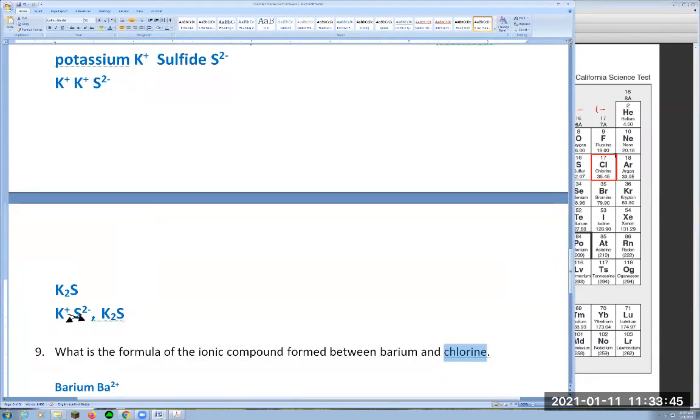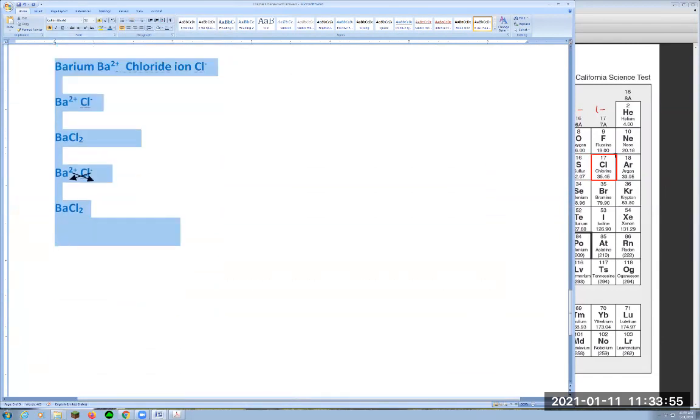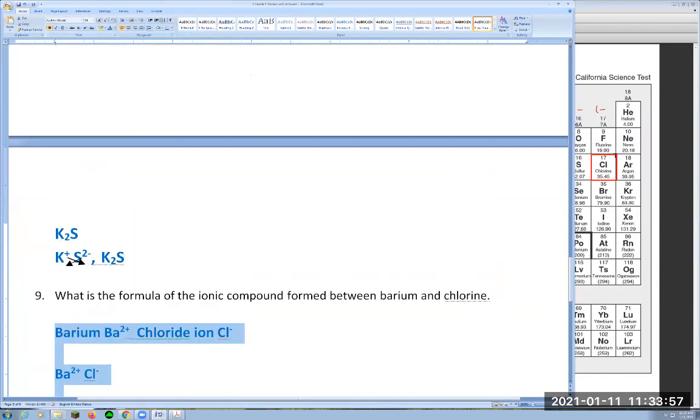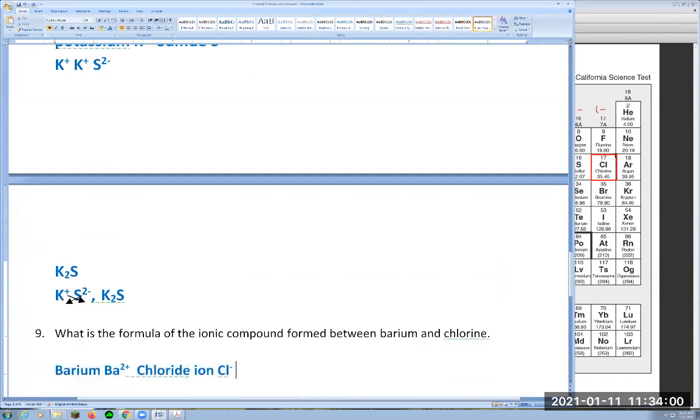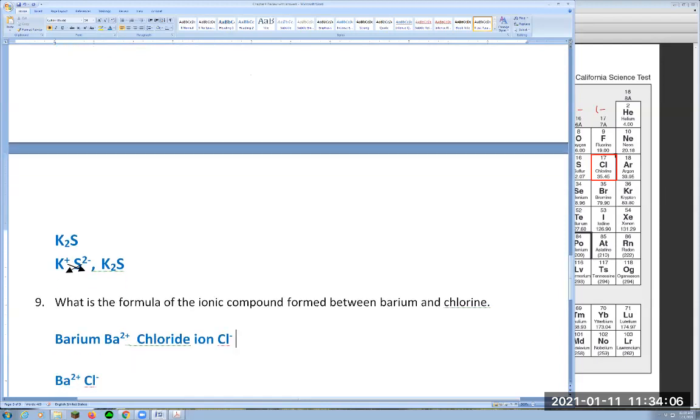Barium is going to be 2+, and then chlorine is going to be Cl-. So for now we have the two formulas for our ions. Let's write the positive ion first, the negative ion second.